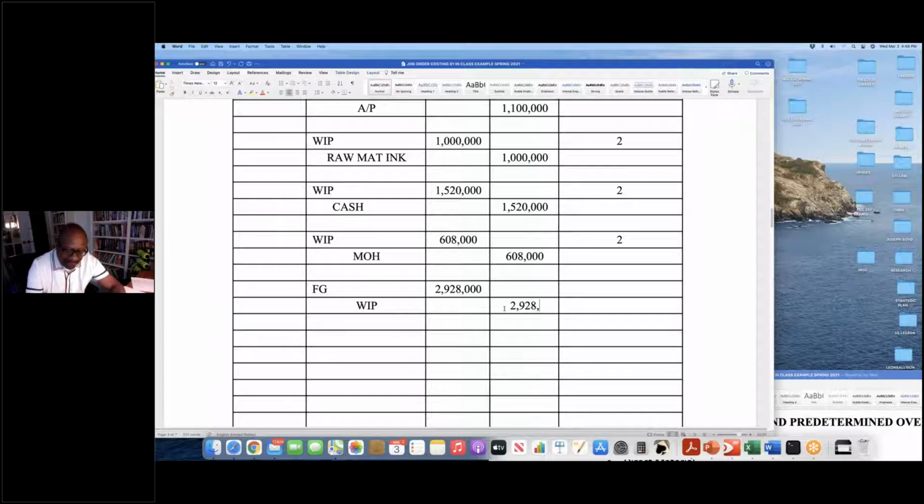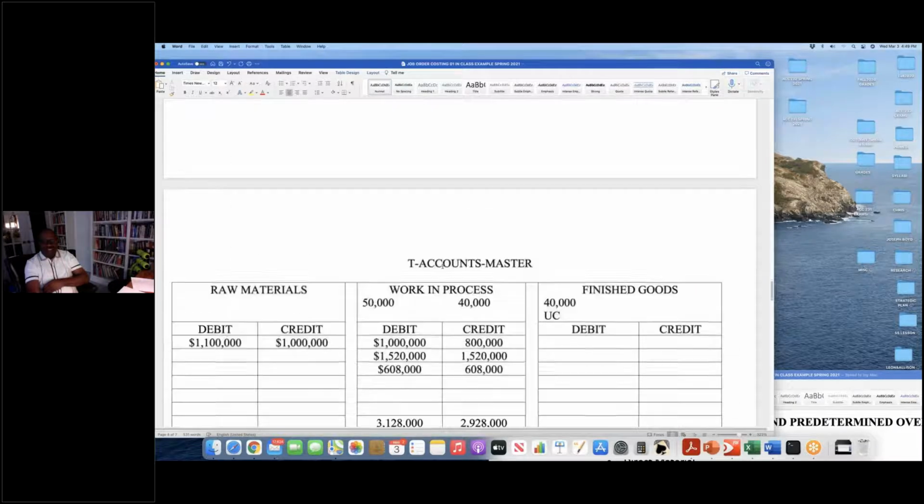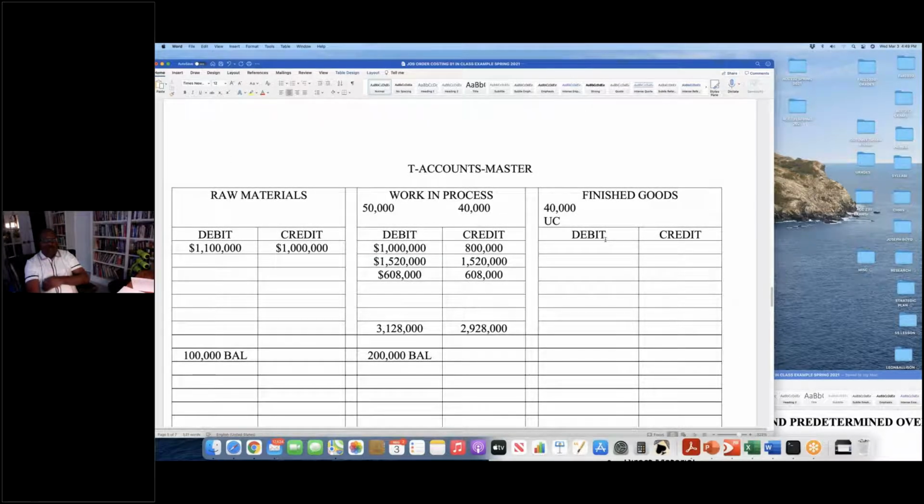So we now have in finished goods 2,928,000 in costs. We'll come back to it.